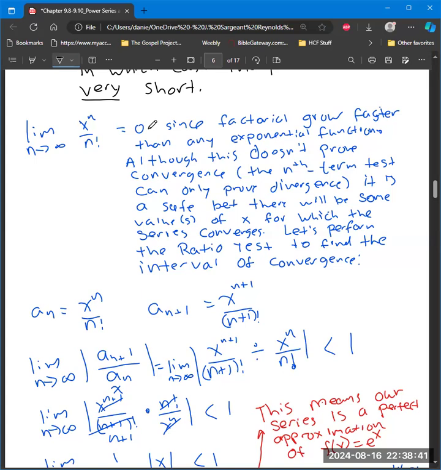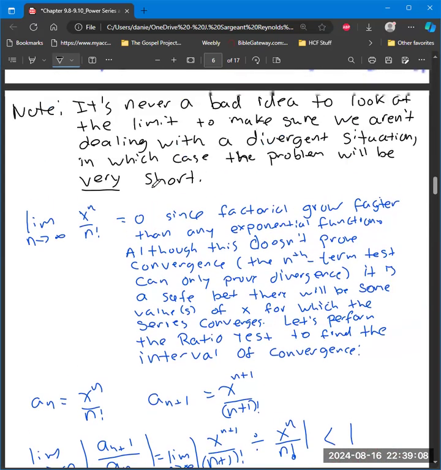and doesn't diverge doesn't necessarily mean that it does converge, but this gives us really good suspicion that there should be at least one x value here, namely 0, for which if I put it in here, 0 plus 0 plus 0 equals 0, and it's going to converge, right?